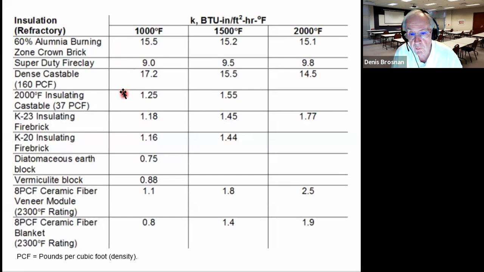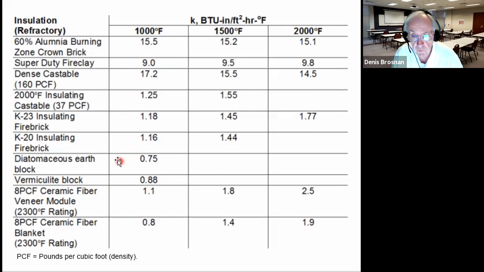Some insulating castable, about 1.25, 2,000 degree insulating castable. So we're getting much more porous, less rugged, less strong, but much more porous, and therefore we have much more insulation. Here's a K23, that's a manufacturer's designation for a 2,300 degrees Fahrenheit duty rating on an insulating fire brick. Here's a K20, which is a little bit different.